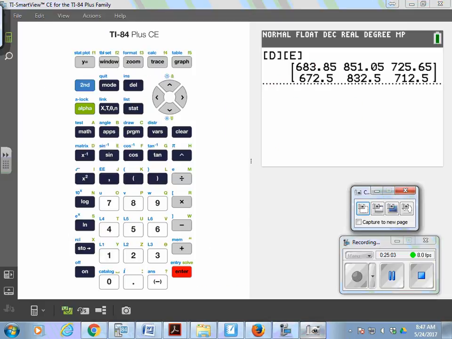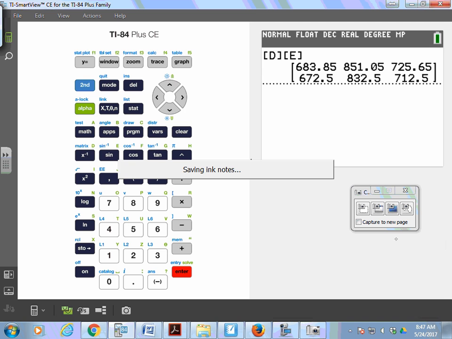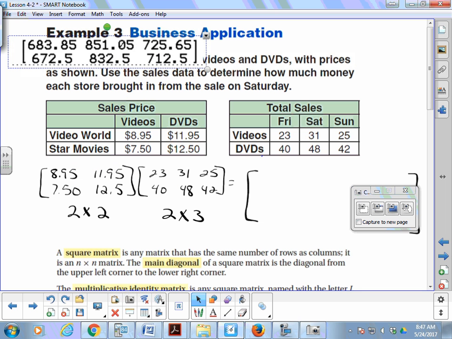So we get these numbers when we multiply them. The question is really, what do they mean? And so that's what I want to talk about, is what these numbers represent.